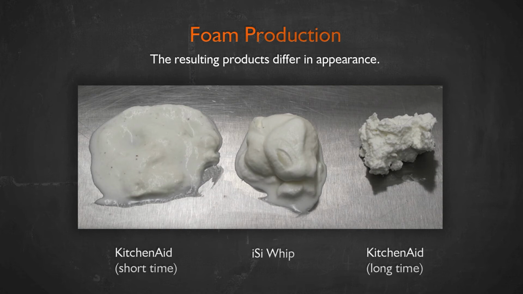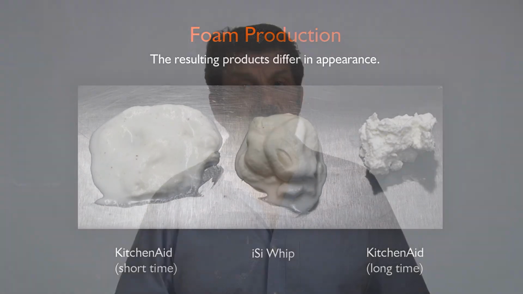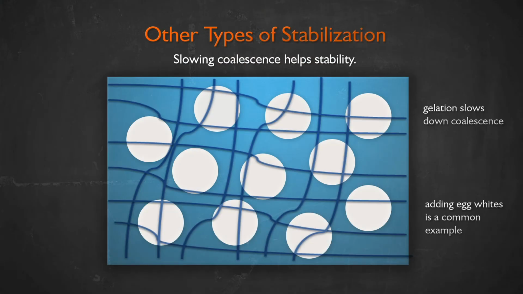There are other ways of stabilizing a foam in addition to just having surfactant and keeping the volume fractions high. You can also force the continuous phase to become, rather than a fluid, to become elastic. The way you can do something like that is to gel the continuous phase. That's a very common way that chefs use to create, for example, desserts.